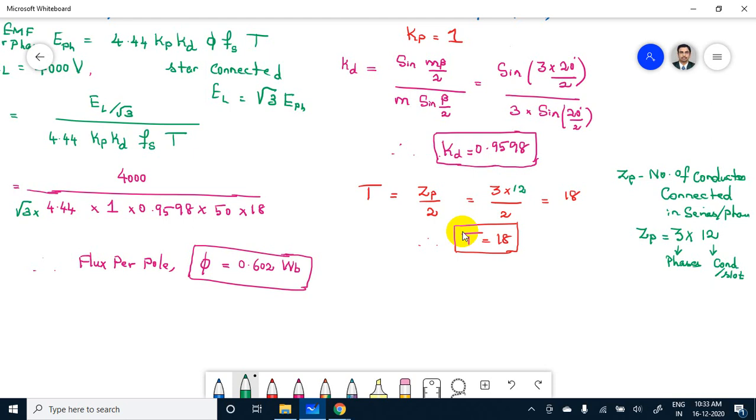This value I have substituted here. Okay, this is ZP.